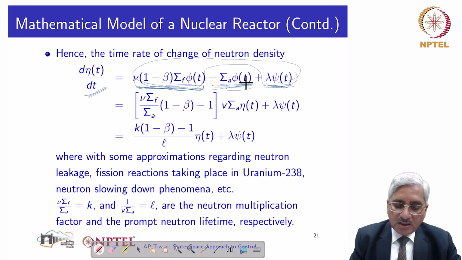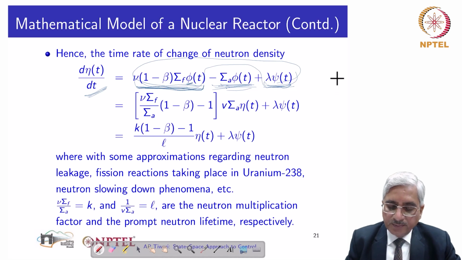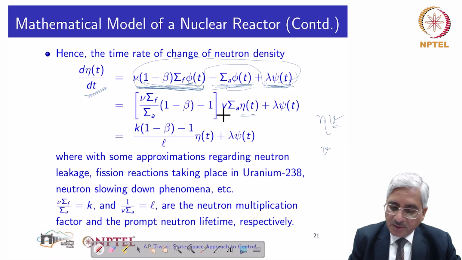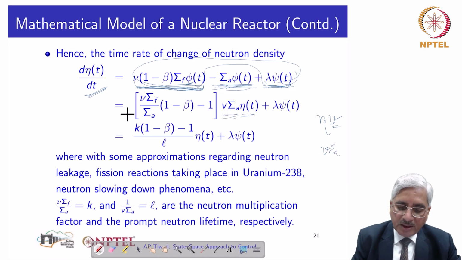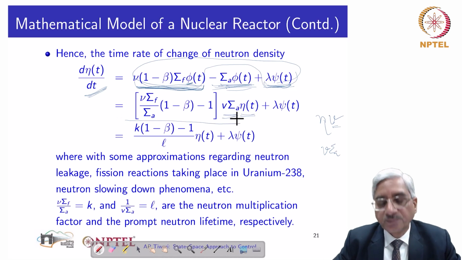And this term is expressed with phi substituted as eta times v, and that v into sigma A has been taken common and some manipulations have been carried out.